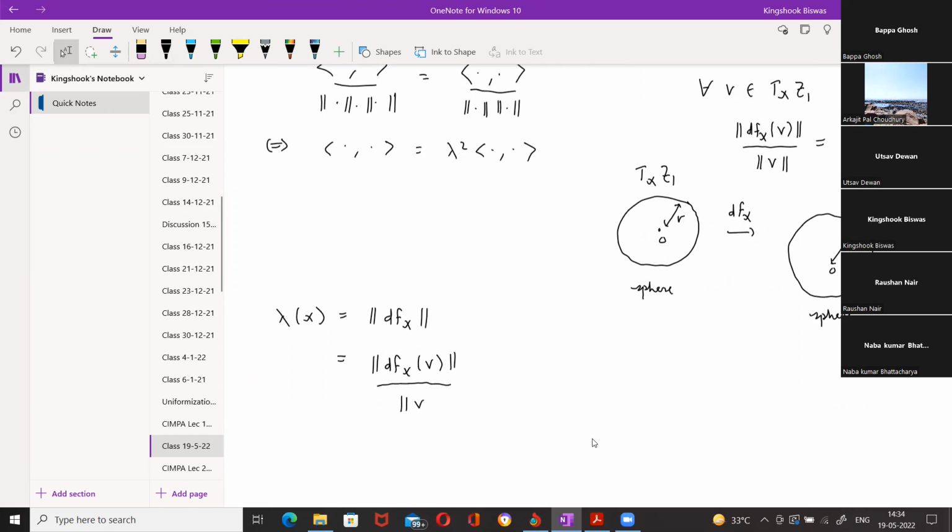And this ratio I can write as a limit as t tends to 0 of d(f x, f gamma t) divided by d(x, gamma t), where gamma 0 is x and gamma prime 0 is v, right?